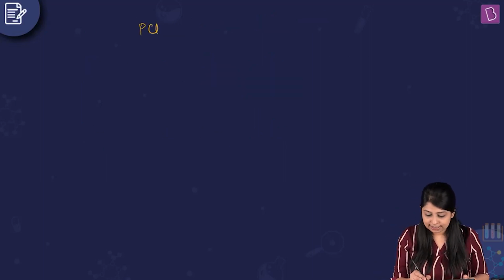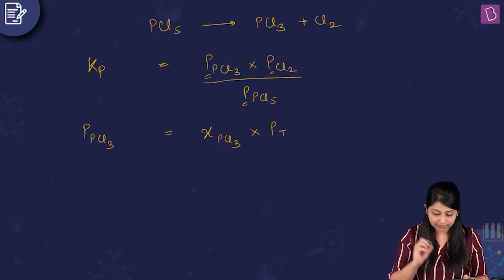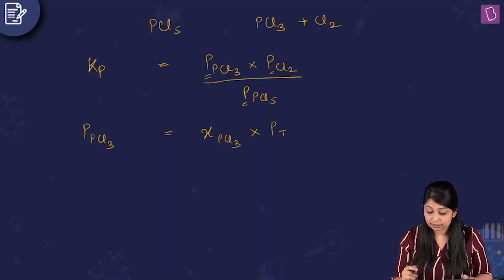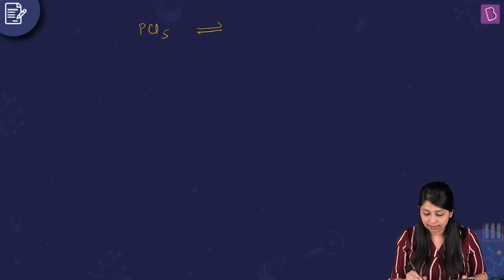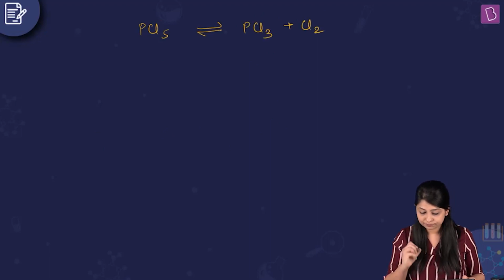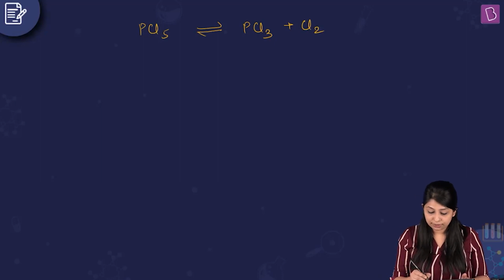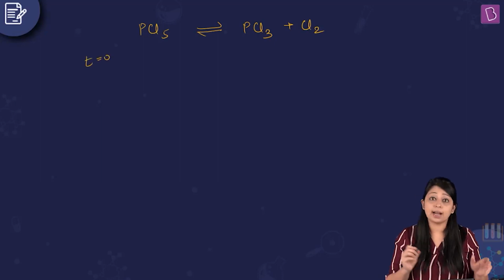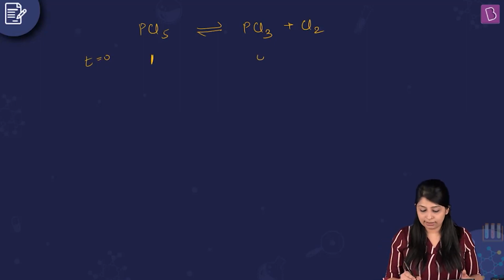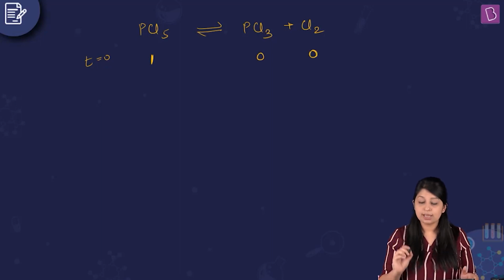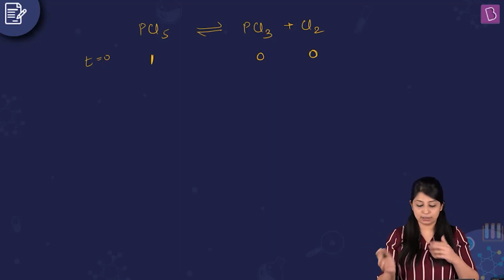Okay, so let's write the equation again. This would be a reversible reaction, okay, not the irreversible reaction. So PCl5 dissociates to give PCl3 plus Cl2. Now, at T equal to 0, that is when the reaction has not started, if we assume that we have 1 mole of PCl5 and 0 moles of PCl3 and Cl2.